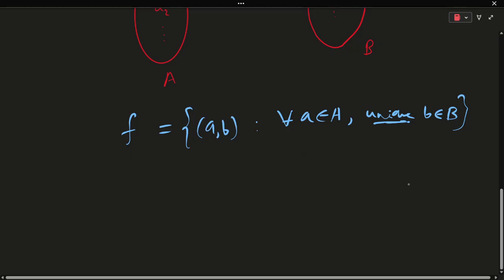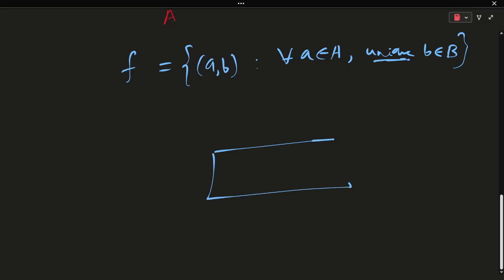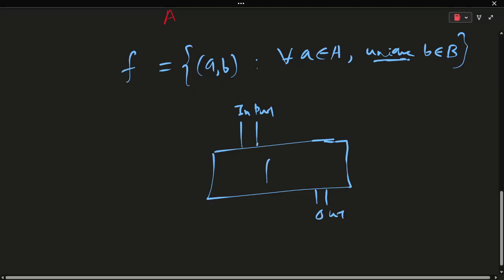basically function is like a machine, right? Input and output machine. Look, actually, suppose there is a machine which has input and this is output, and this is f.